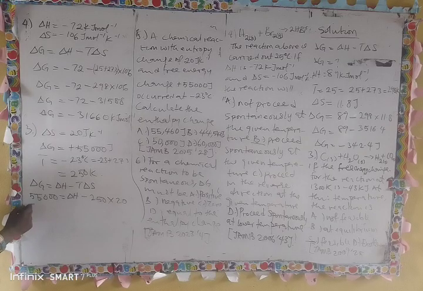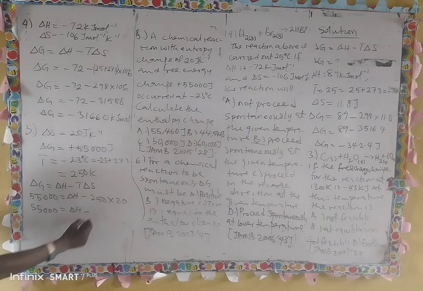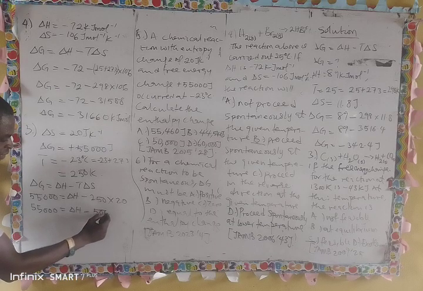So we have 55,000 equals delta H minus 250 times 20, which is 5,000.